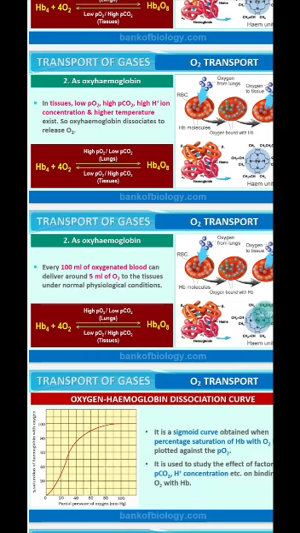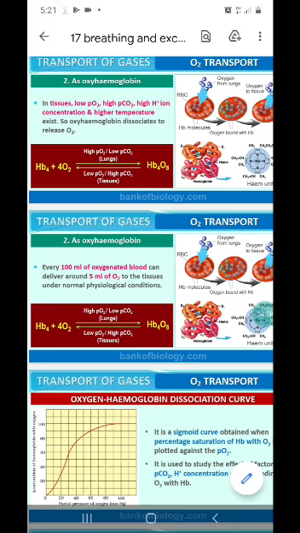And the combination of oxygen with the blood depends upon the partial pressure. When this partial pressure and the saturation level of oxygen are plotted against each other, we get a sigmoid curve. This curve is also called the hemoglobin dissociation curve.